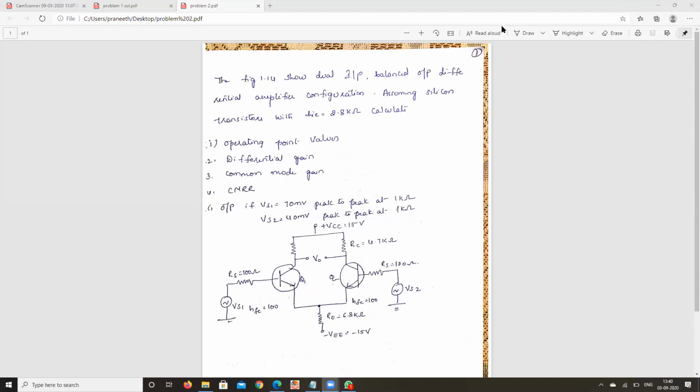So 416 have got the answer. So yes, you're right. ICQ is 1.05 milliamps. Very good. Similarly, find out VCQ.